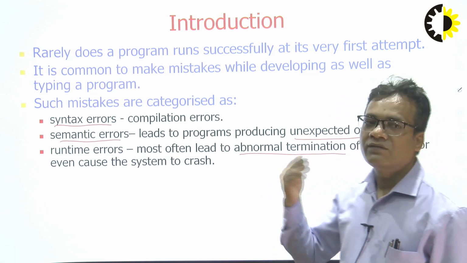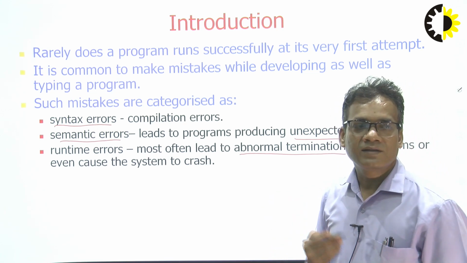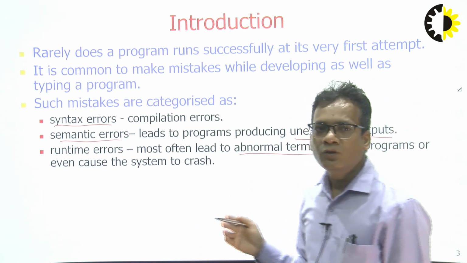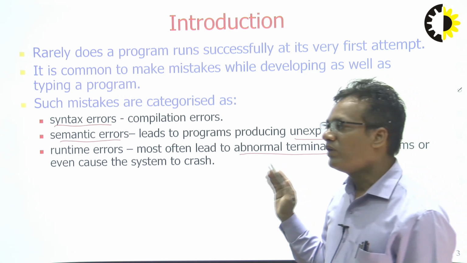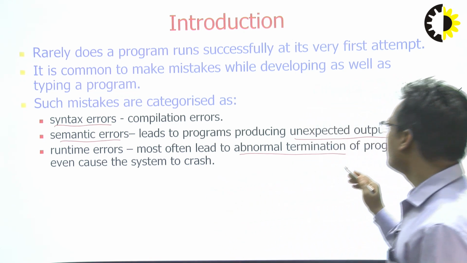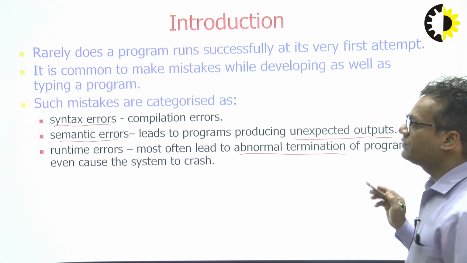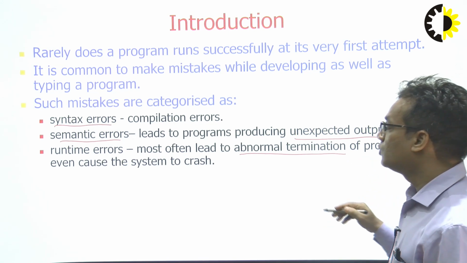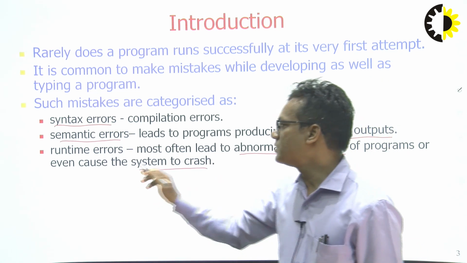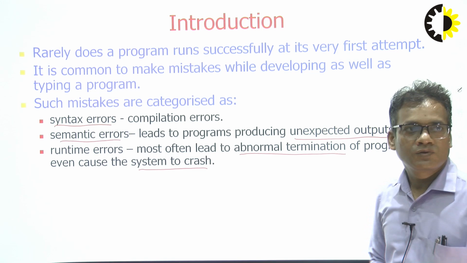When we are on travel and it breaks down, that is a very critical condition. In the same way, when we write a program and there is no compilation error, but when the user runs the program it terminates abnormally, it is a very critical thing. Many times it may lead to a system crash also.